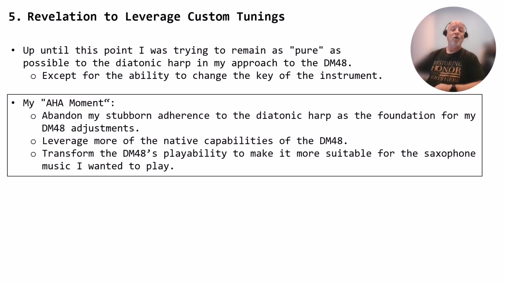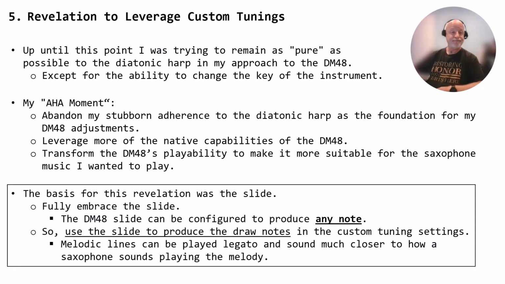So my aha moment was to abandon my stubborn adherence to the diatonic harp as the foundation for my DM48 adjustments, and leverage as much of the native capabilities of the DM48 as possible. I wanted to transform the DM48's playability to make it more suitable for the saxophone music that I wanted to play. That was my goal.